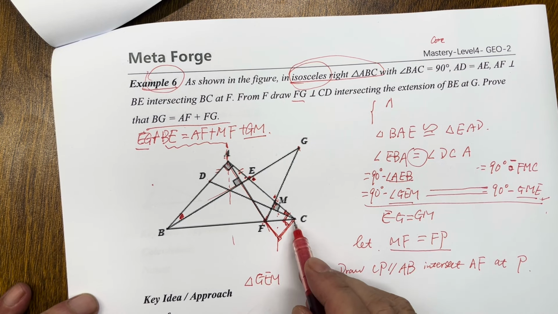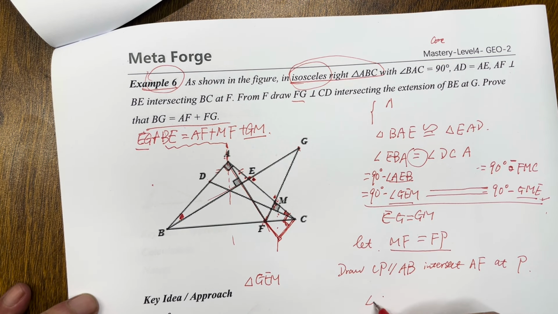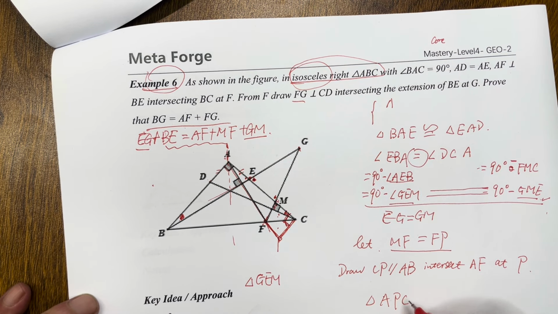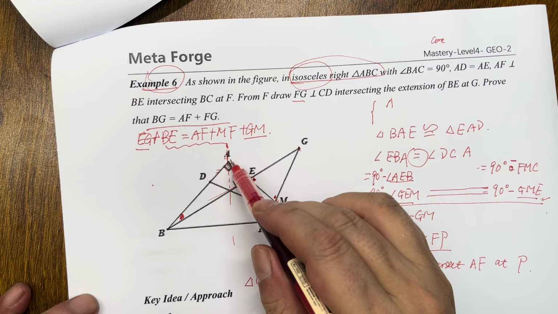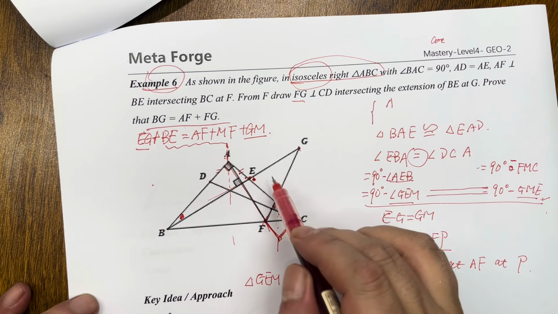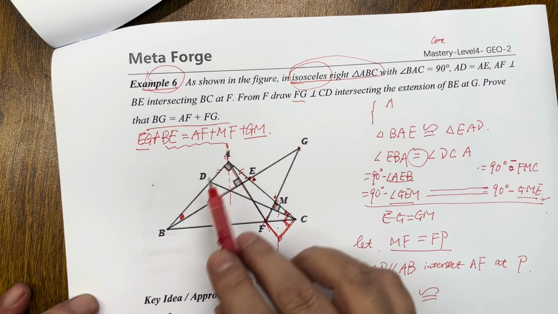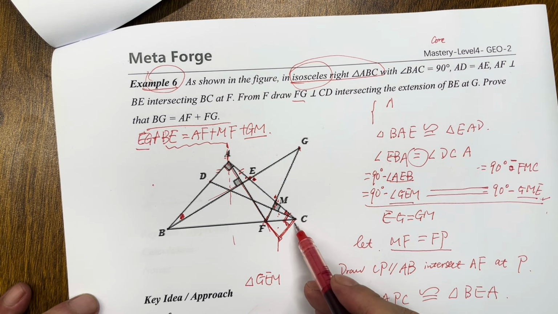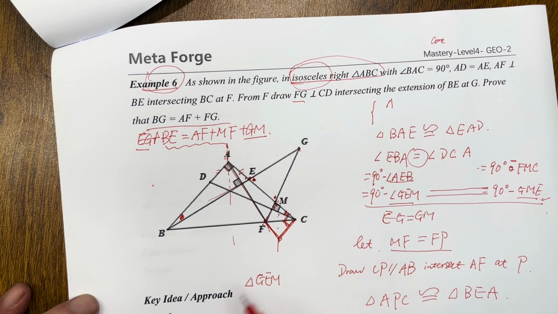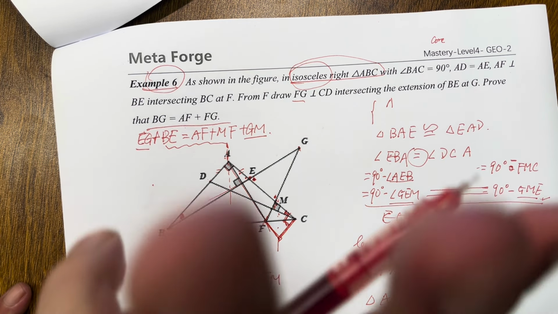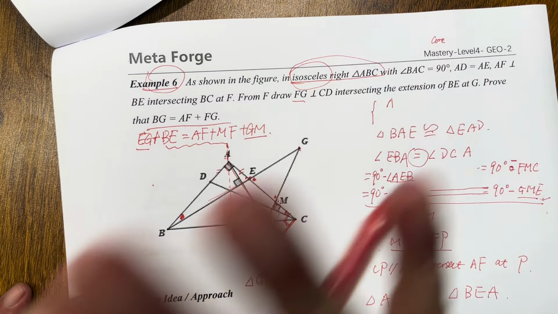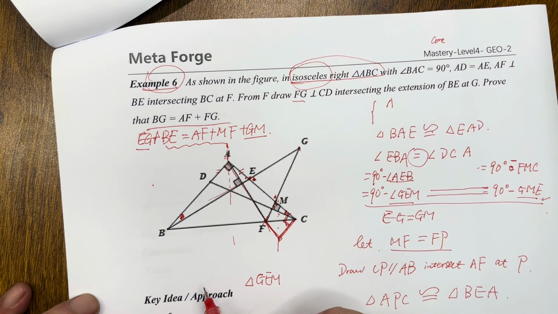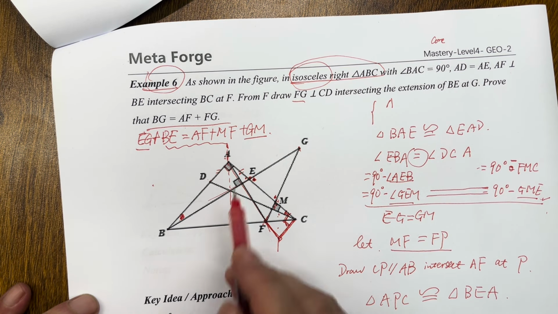So APC is congruent to BEA. Because I draw the parallel line, the six corresponding elements can be found very easily.